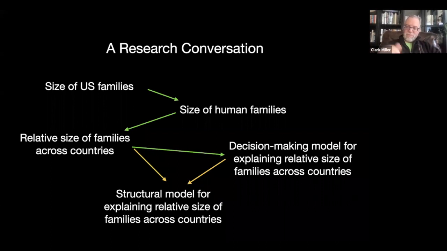Because when we do research, we don't want to just answer questions. We want to answer important questions. And conversations give us the foundation for the intellectual importance of a question.